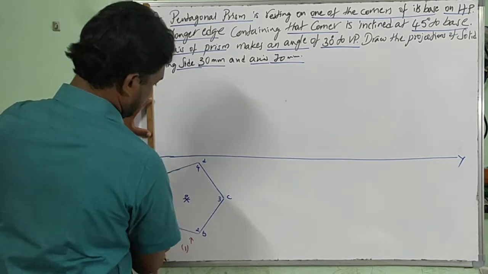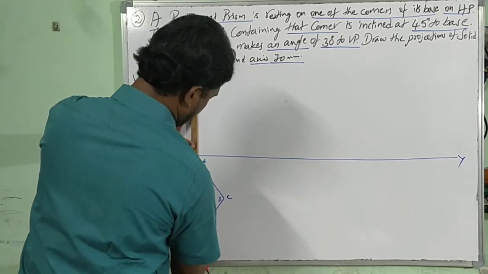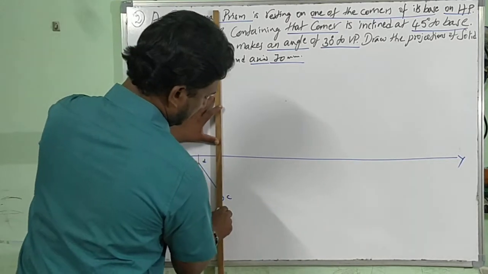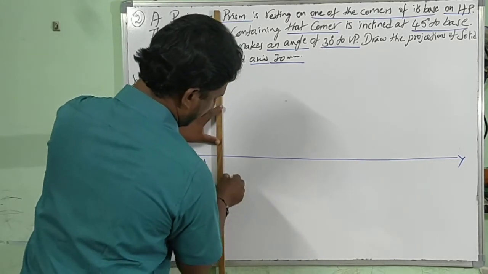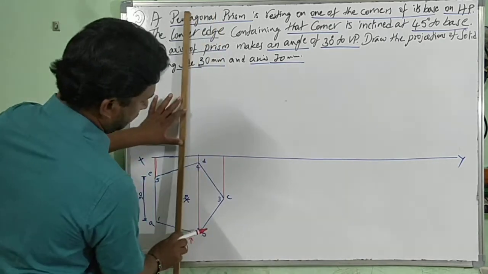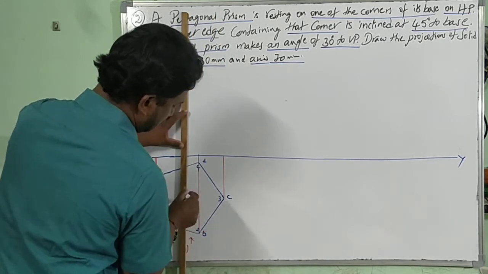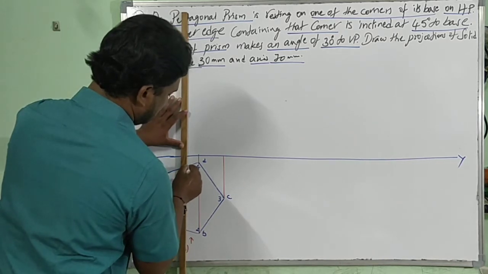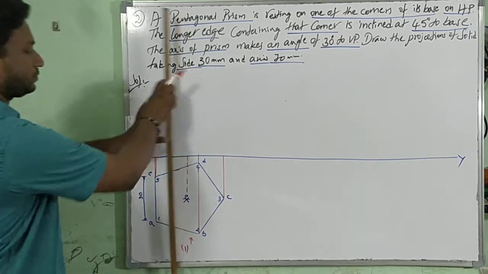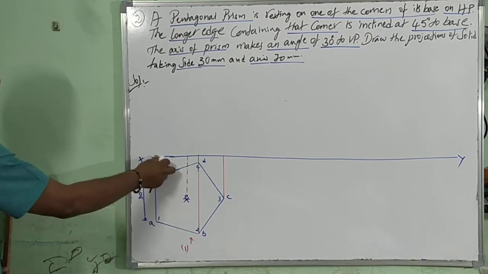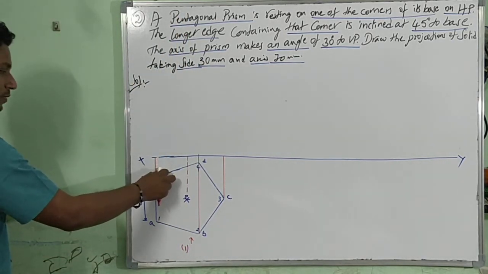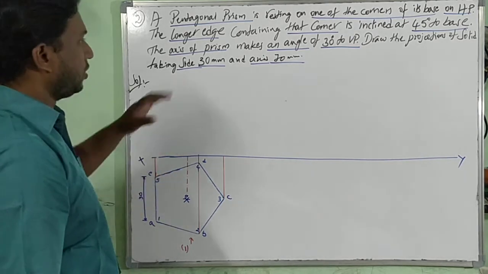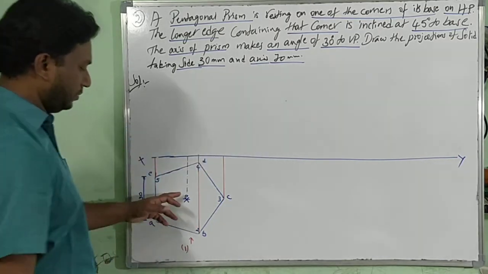From A, from B, from C, from O also, we have drawn projectors, such that we are supposed to draw its front view with an axis height of 70 mm.